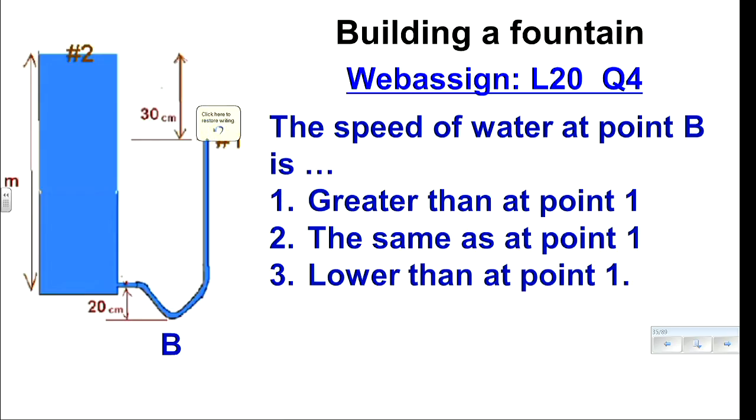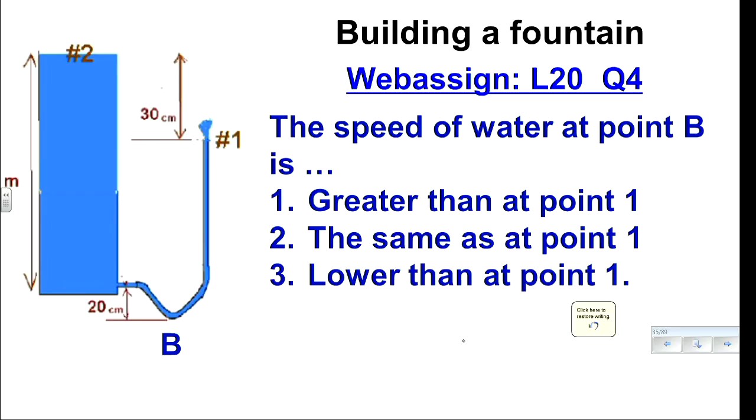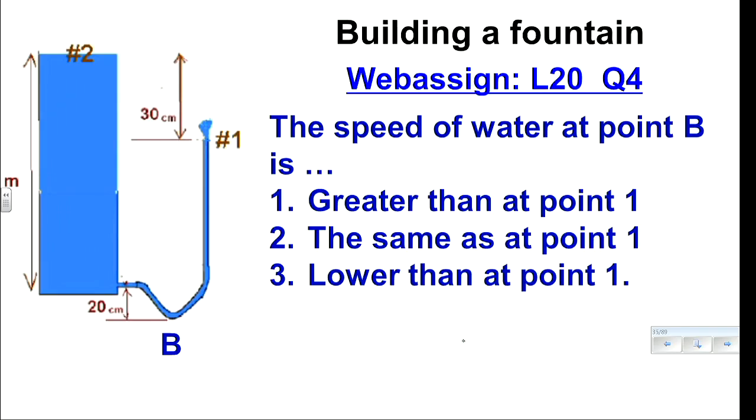When we talk about speed, this is the equation we need to use. And if you look at the picture, the hose doesn't change its diameter. Same diameter, same area. Where did it go?